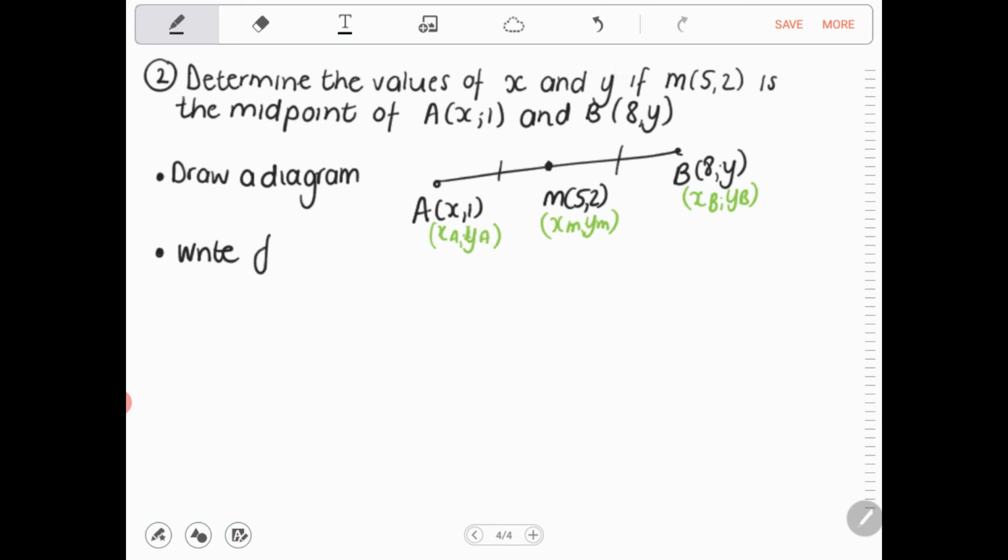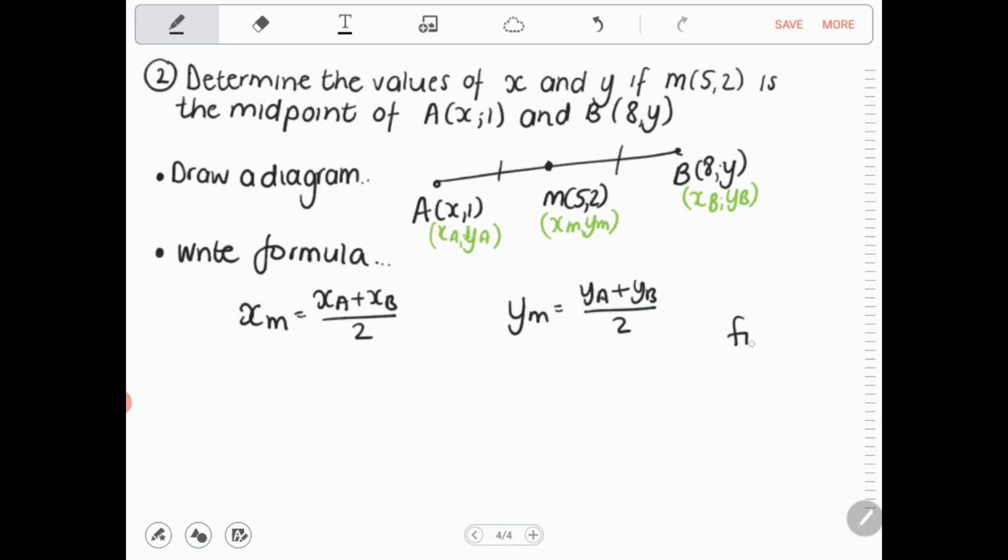All right, so we need the formula. What formula? Well, this one is a midpoint. Yesterday, or the day before, we were using distance formulas. This is, we're talking about a midpoint. So the x at the midpoint is the x at A plus the x at B. Those are the ends divided by 2. The y at the midpoint is the y at A plus the y at B over 2.